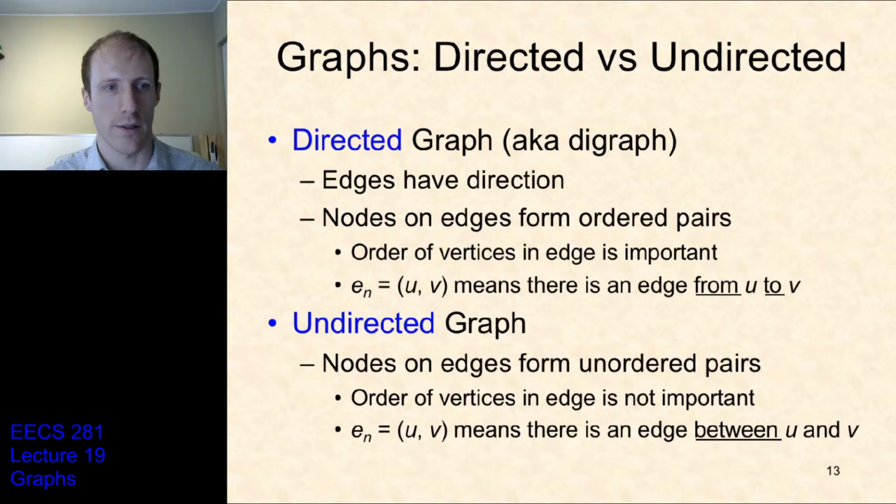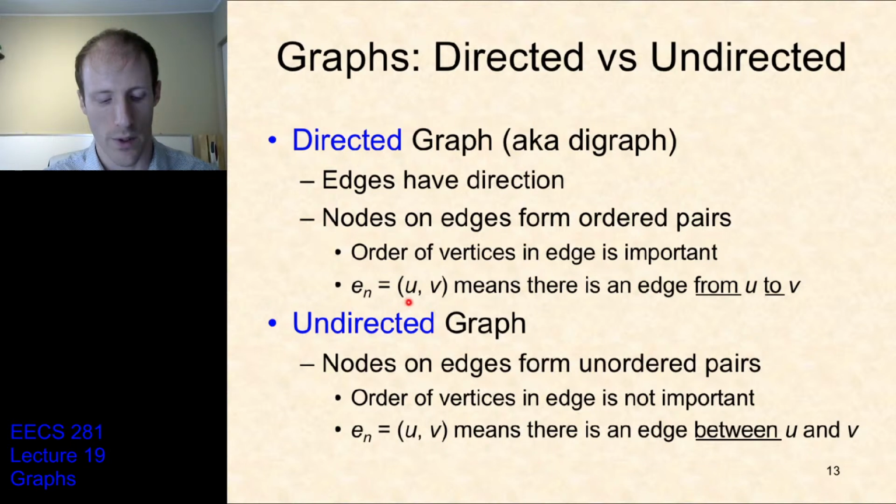Now, we're also going to elaborate on the different types of edges that we can have in a graph. All the examples we've shown so far were undirected graphs, where there's no direction associated with each edge. But we want to introduce now the concept of a directed graph, where edges do have a direction.